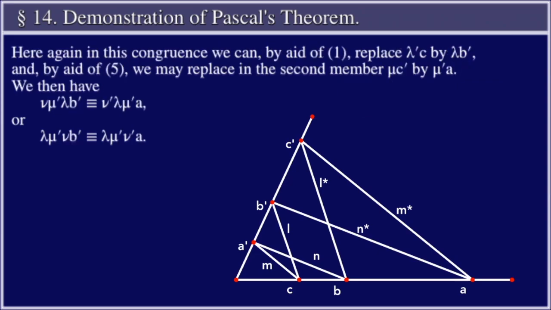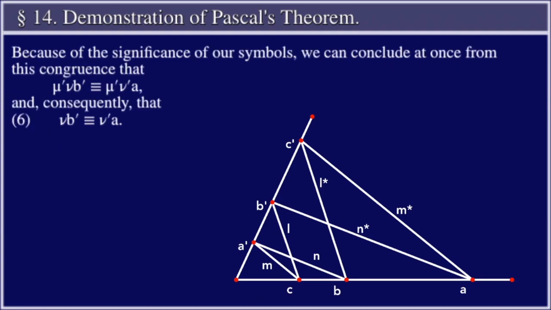Here again in this congruence we can, by aid of 1, replace λ'c by λb', and by the aid of 5 we may replace the second member μc' by μ'a. Then we have νμ'λb' ≡ ν'λμ'a, or λμ'νb' ≡ λμ'ν'a.